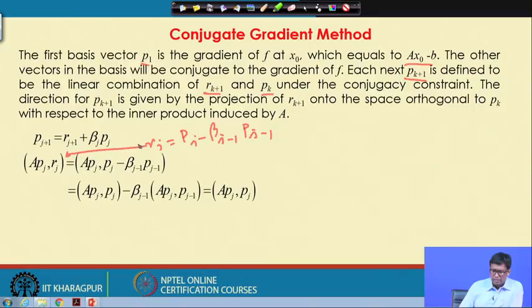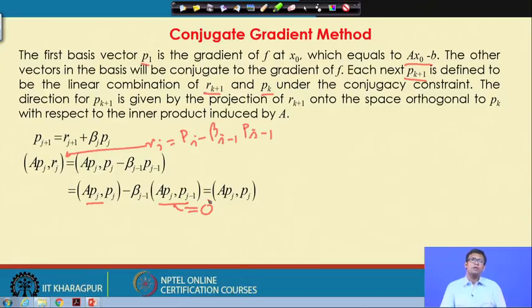What is the conjugacy, what is R j transpose A p j? This is A p j into p j minus beta j minus 1 p j minus 1. So, this is A p j transpose p j minus beta j minus 1 A p j p j minus 1, and this is equal to 0 from the conjugacy constraint we have already found out.